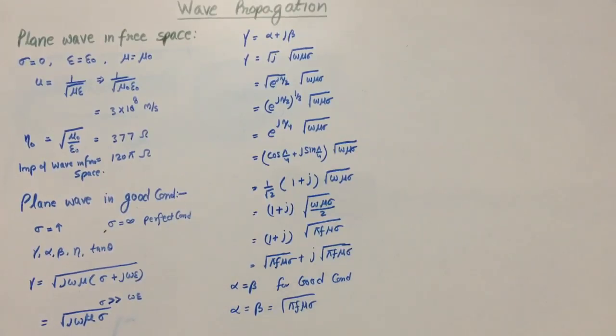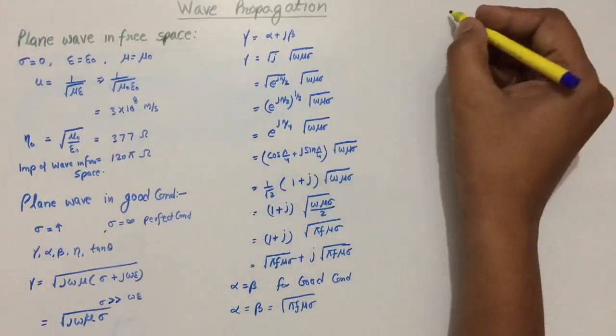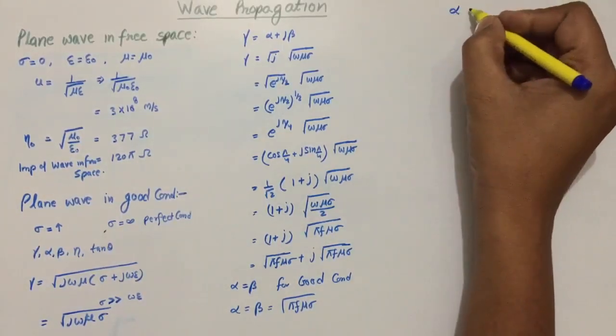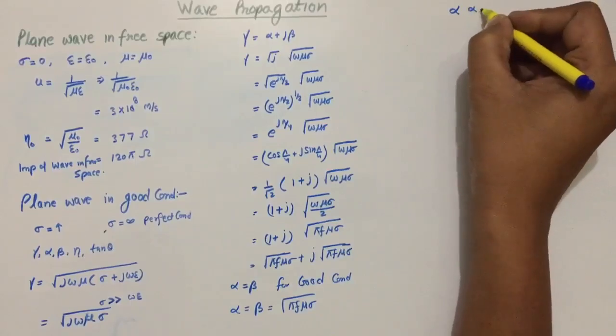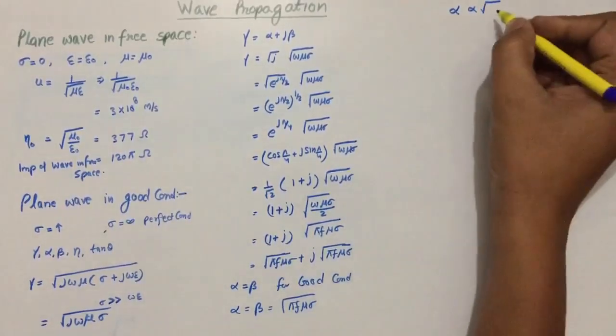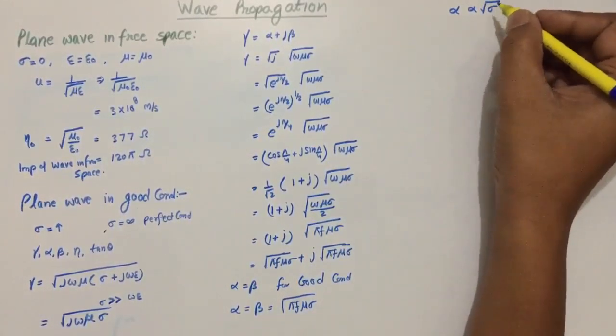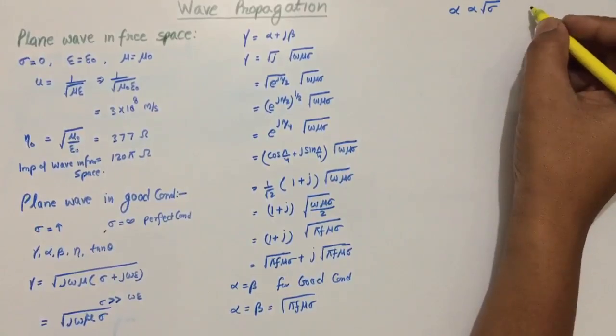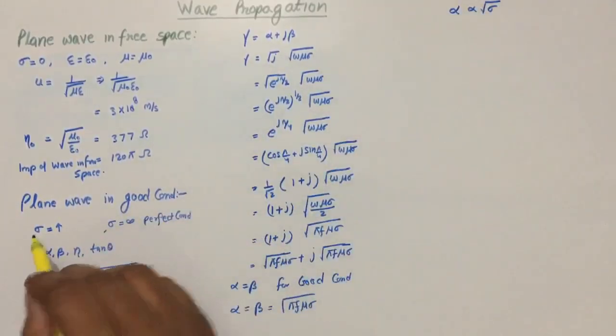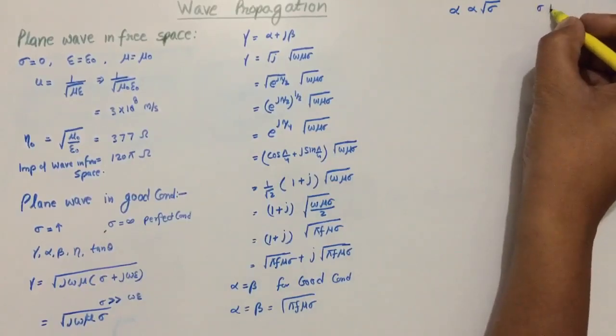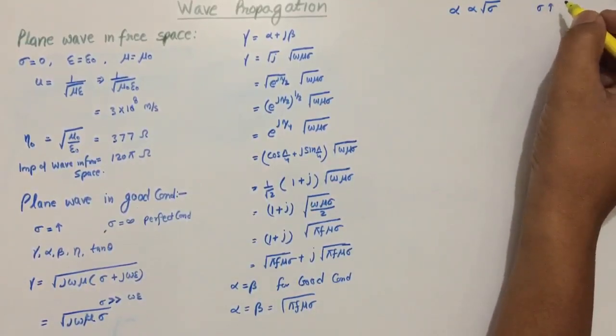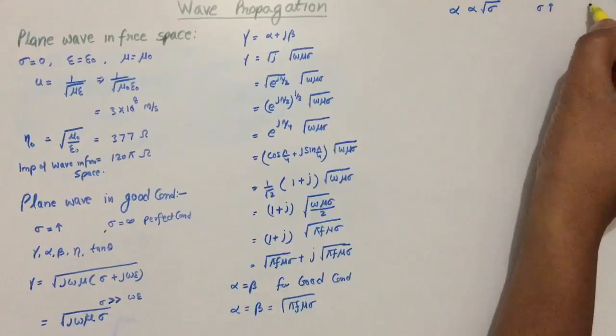Now if we analyze this, we find alpha is proportional to the square root of sigma. In the case of a good conductor, the conductivity is very high, and if conductivity is very high, it means alpha is very high.